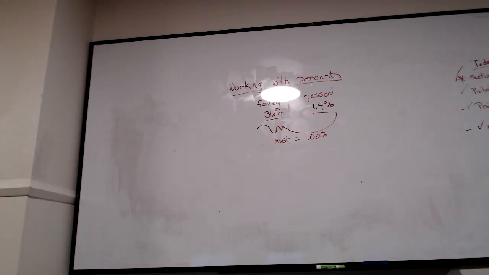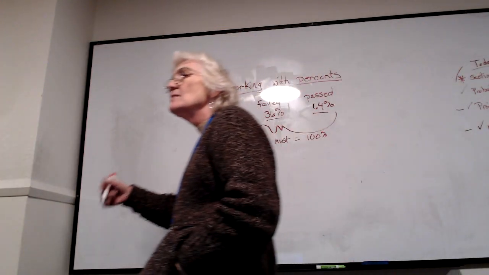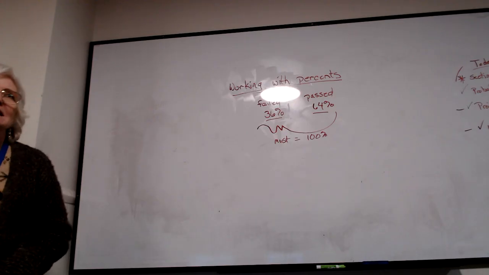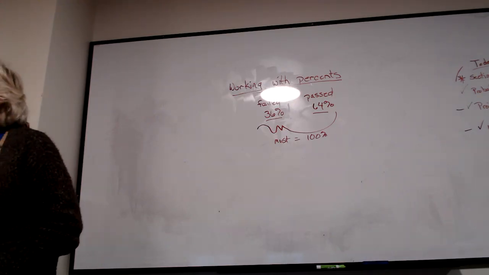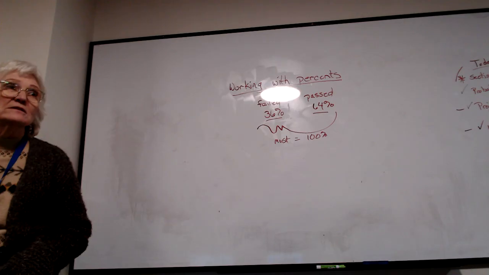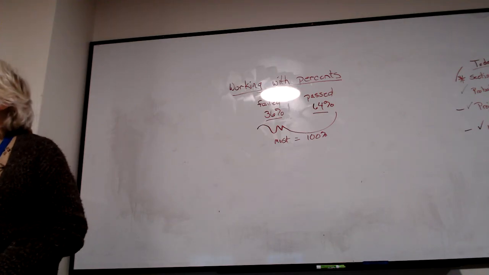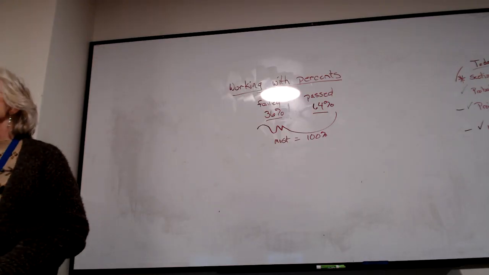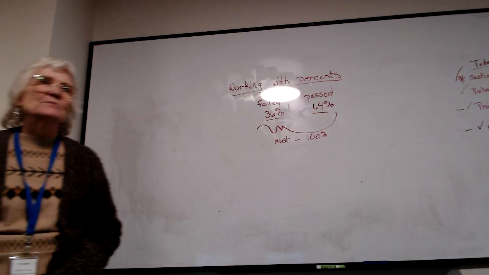Isn't it just 100 minus 36, which is 64? Yes. So if there's only two choices, you can just do 100 minus one to get the other. Okay, so you will be doing some problems like that tomorrow. So look to see what they're asking in the question. If they give you the percent failed and they ask for how many passed, then you need to do the opposite percent, the one that goes with it to add to make 100%.